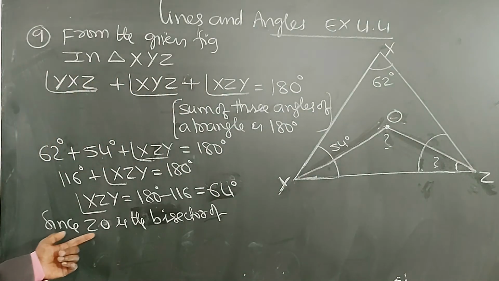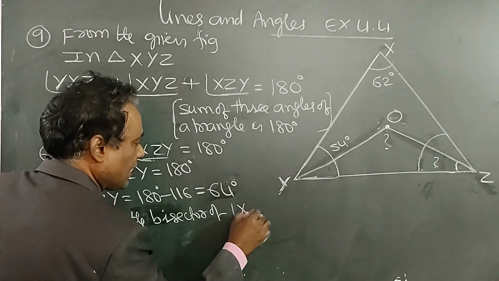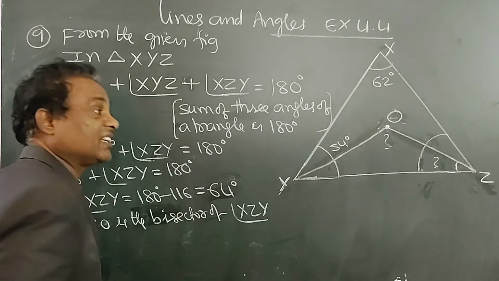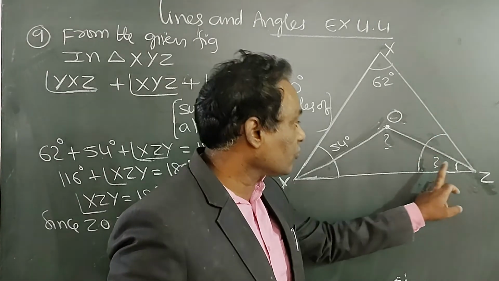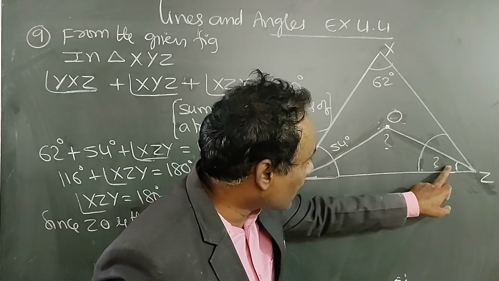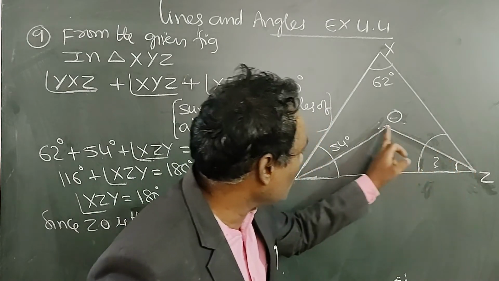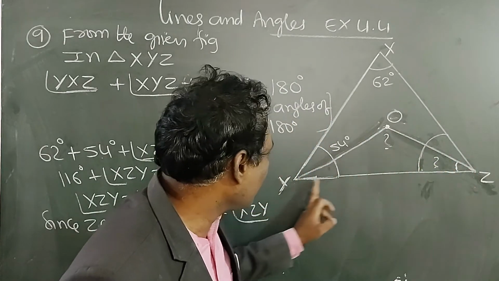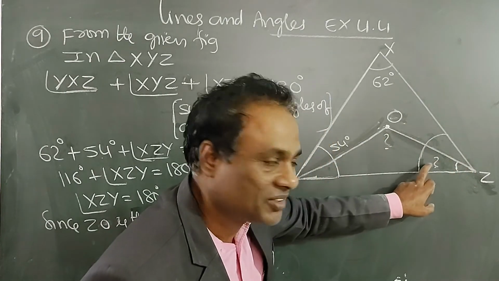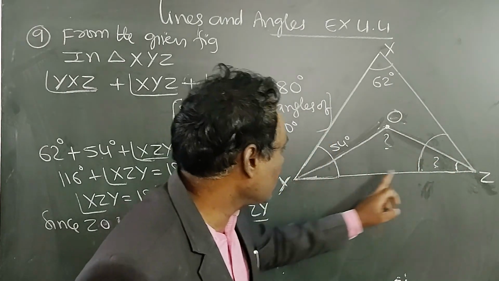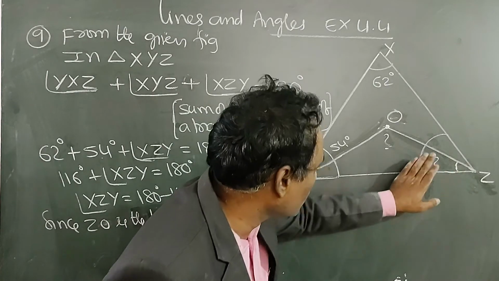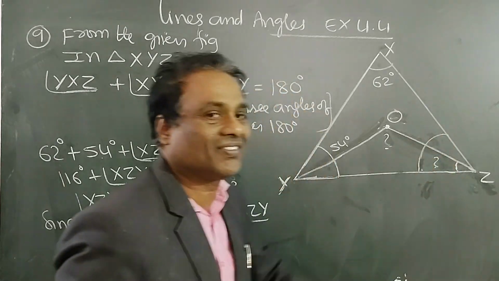So ZY is a bisector of angle XZY. Bisector means divide into two equal parts. So what will be this angle? How to name it? YZO, this angle. YZO. This part is half of this.